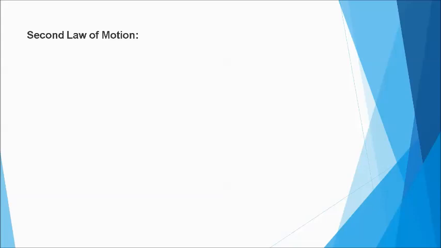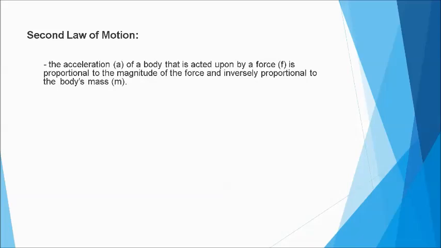So if there was a change in the velocity from rest to motion, so may initial velocity at may final velocity, and that has been measured over a certain period of time, it results in acceleration. Sabi natin, di ba, before? Okay, so the second law of motion says that the acceleration of a body that is acted upon by a force is proportional to the magnitude of the force and inversely proportional to the body's mass. Okay?